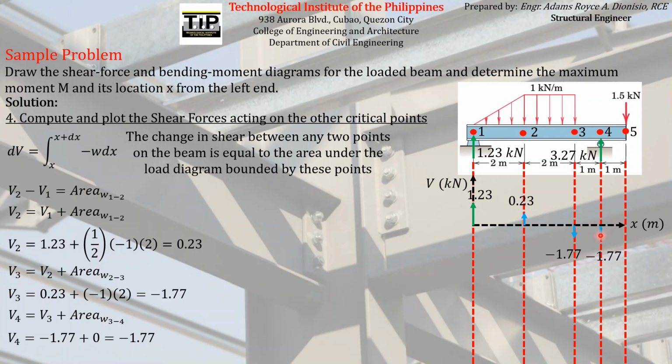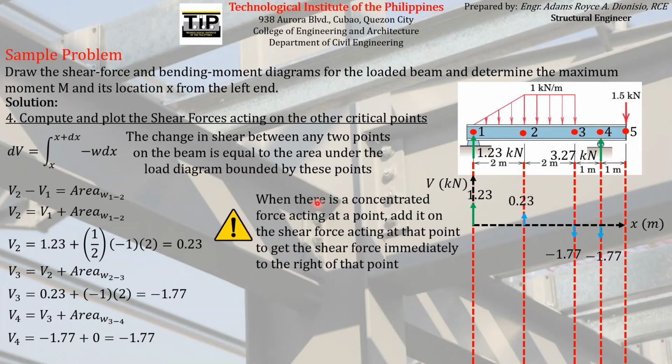So lastly, no, before we proceed, take note of this concentrated load acting on point 4. You have to consider that when you draw the shear diagram. When there is a concentrated force acting at a point, like this 3.27 kilonewton due to the roller support, add it on the shear force acting at that point, which is this, to get the shear force immediately to the right of that point.